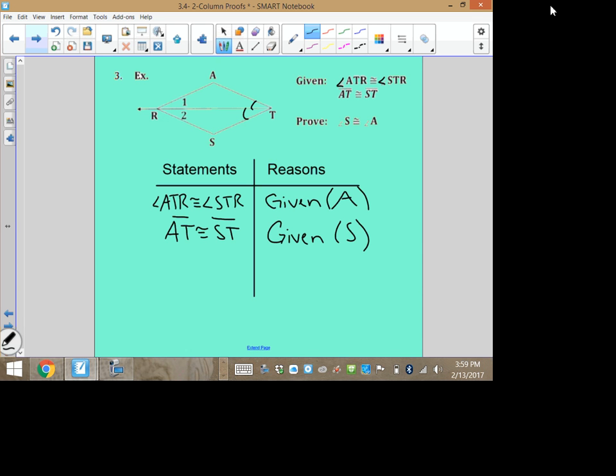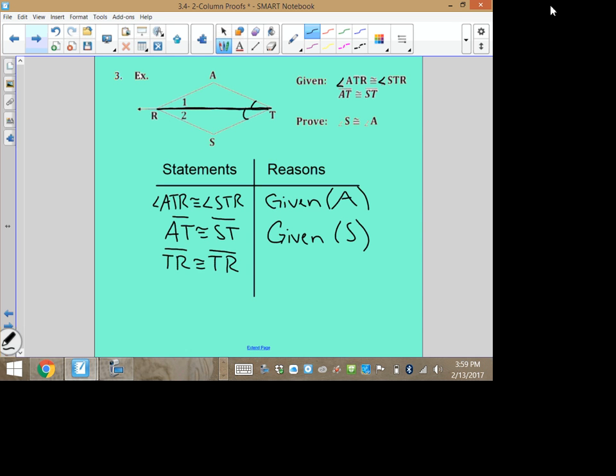Then note I have this side. So I know that segment TR is congruent to segment TR.